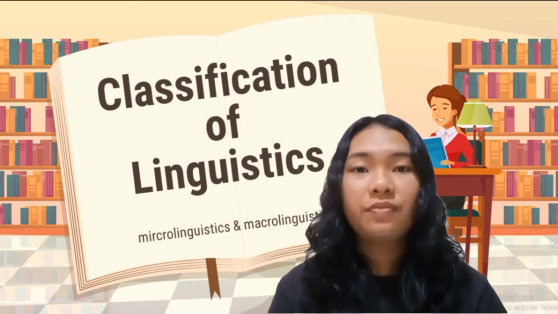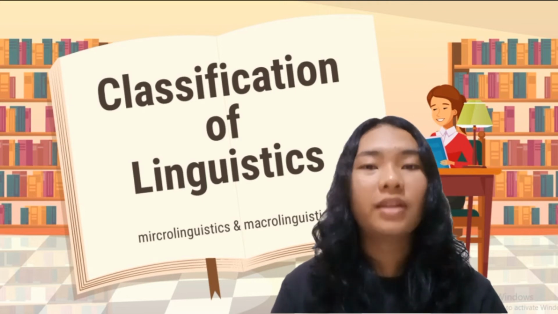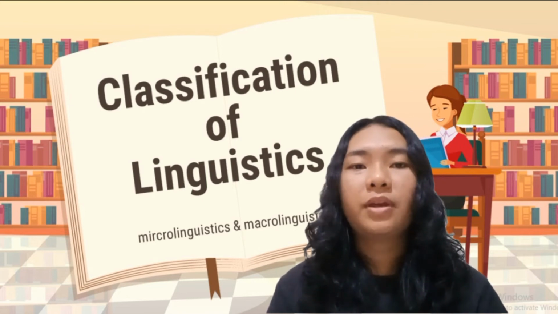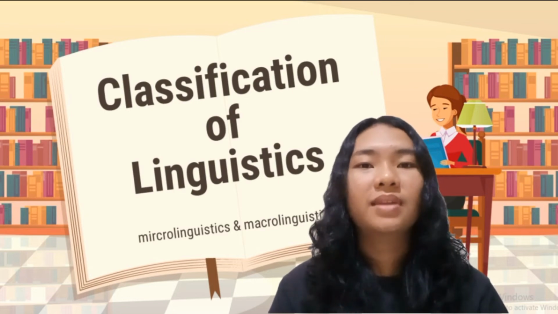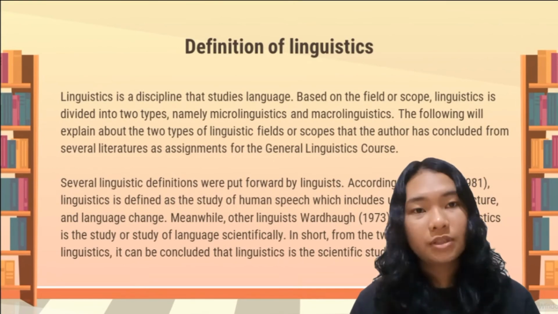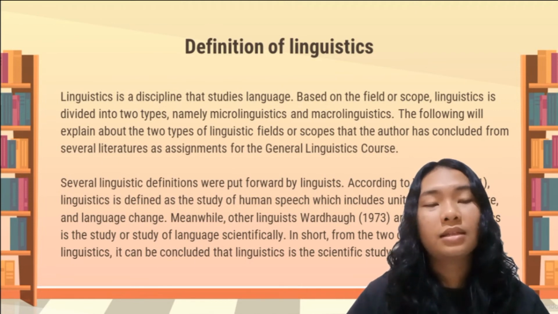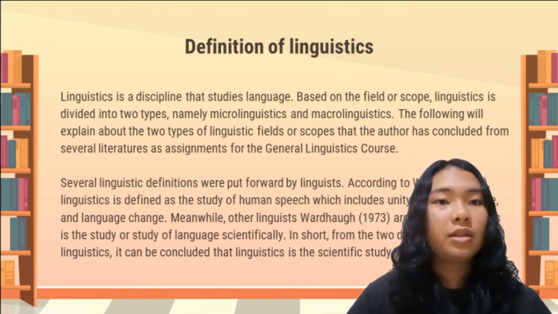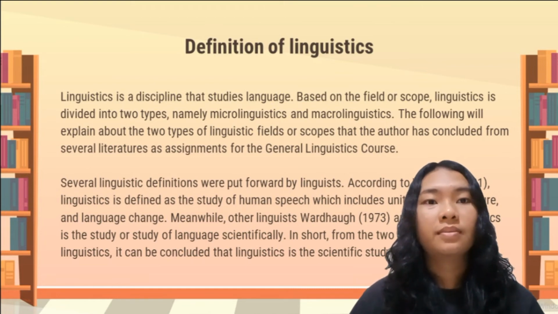And in this video, I would like to explain to you the classification of linguistics, especially macrolinguistics and microlinguistics. Here we go. Well, first of all, before we start to learn about the classification of linguistics, let me tell you the definition of linguistics.